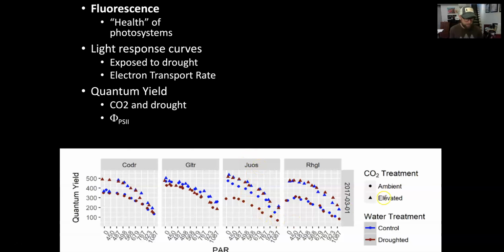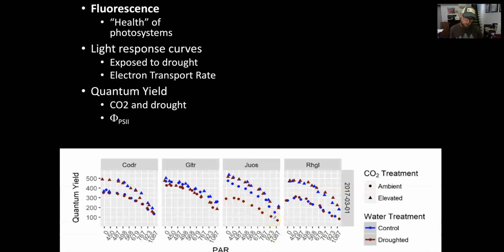So under ambient and droughted conditions, we see a drop in quantum yield. Quantum yield is related to how big that peak is relative to baseline. But under all other conditions, the quantum yield is pretty high. What's interesting about this particular species is that with ambient CO2 and drought, we have relatively low quantum yield.